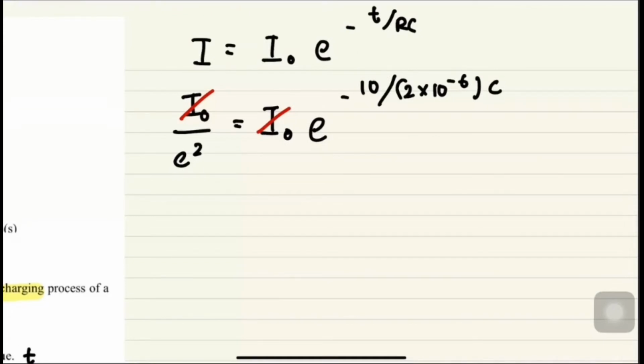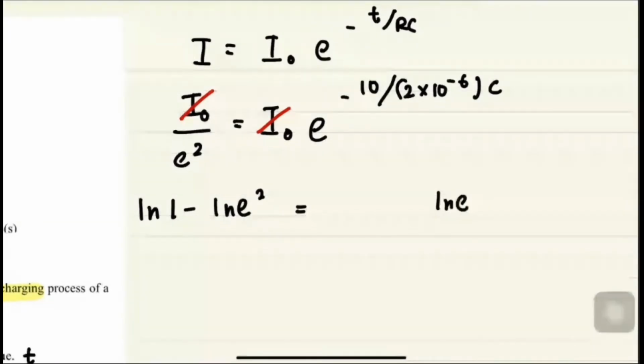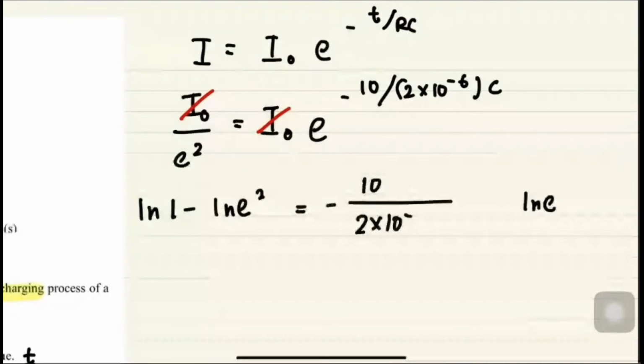You can write it as ln 1 minus ln e squared equals, and I can take ln e and bring the whole thing down to the front: negative 10 over 2 times 10 to the 6 times the capacitance.